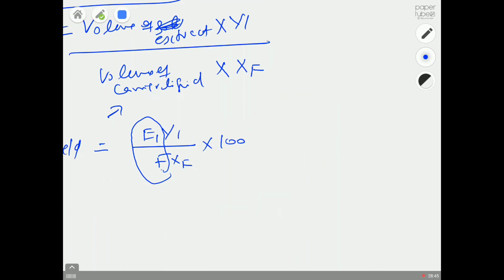So it should be equal to 1 by 82 multiplied by y1, which we just calculated as 376, and at the bottom we have 6.8. So 376 divided by 82 multiplied by 6.8 gives a value of 0.67. So yield is equal to 67%.